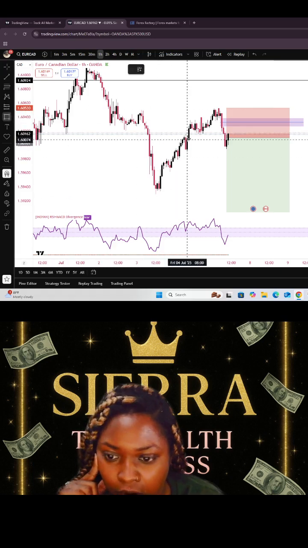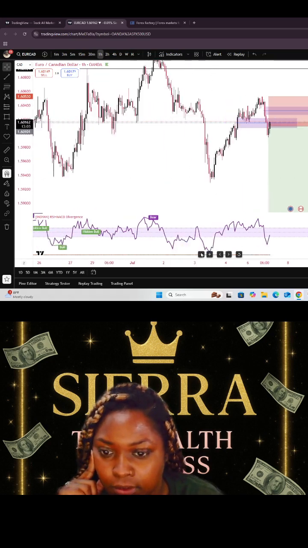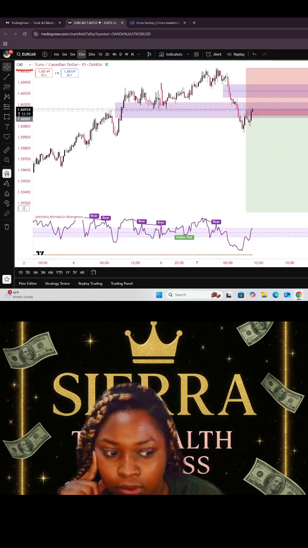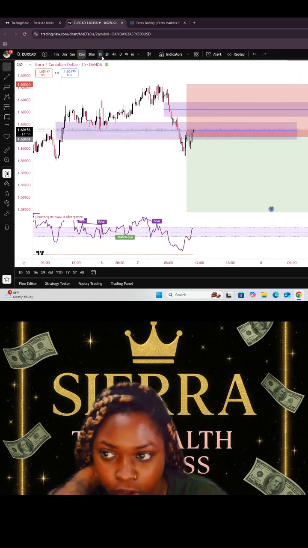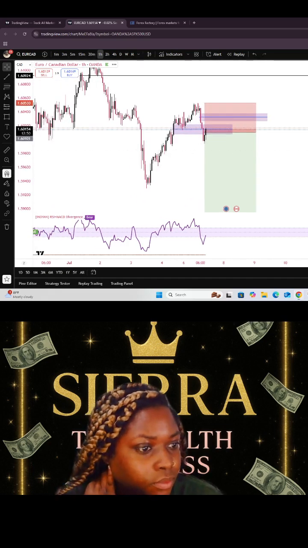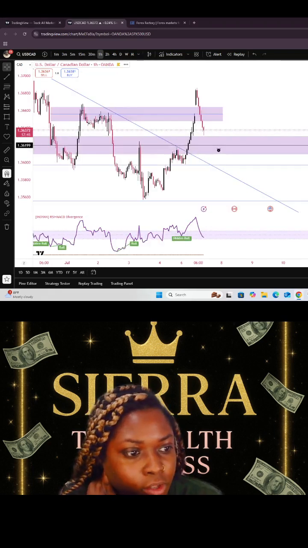Some of us are already in EuroCAD. Okay, I'm gonna hold it. It's a 42 pip stop loss, so I hope y'all didn't over leverage. We're waiting on USD CAD for y'all, for whoever didn't get in GBP CAD and EuroCAD.